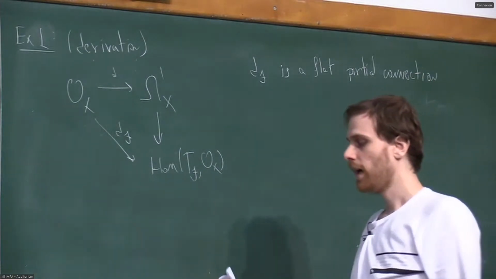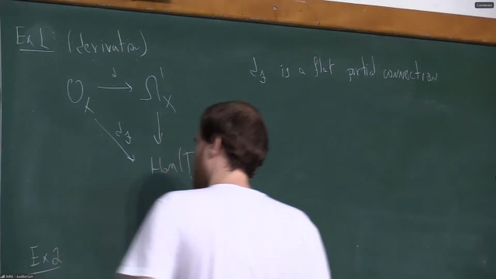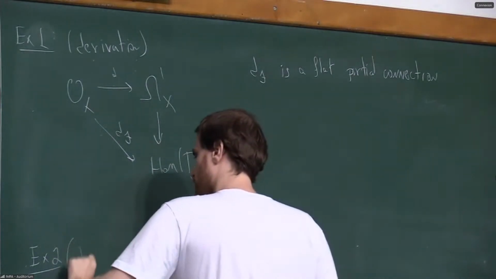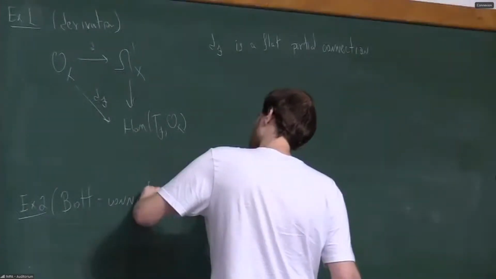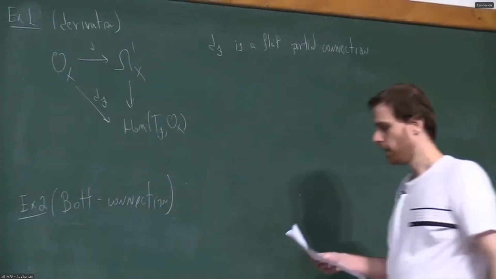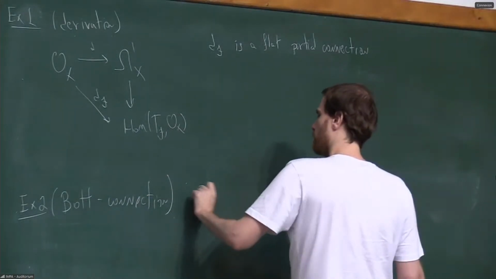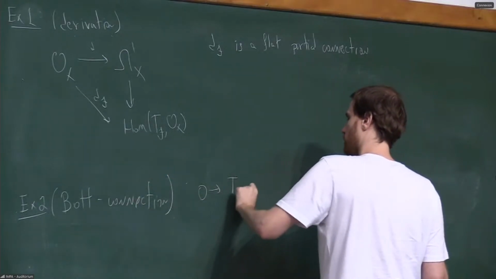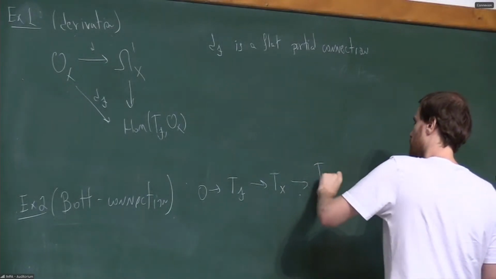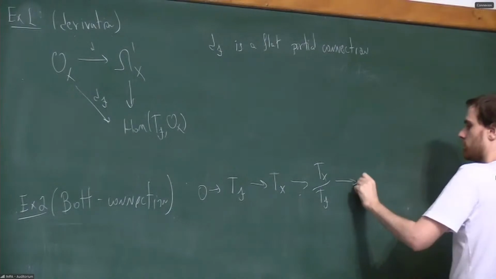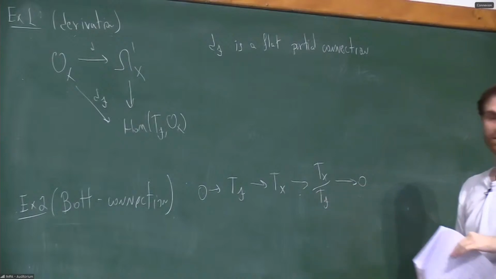A second example that appears naturally in this theory is the Bott connection. The Bott connection is constructed like this. First, we consider the exact sequence of the inclusion of T_F in T_X, and we look at the quotient. The Bott connection is a connection defined on this quotient.